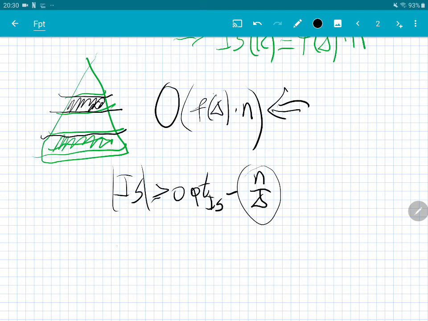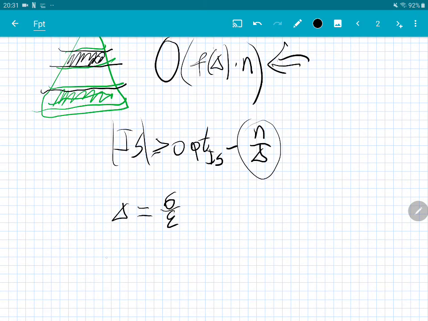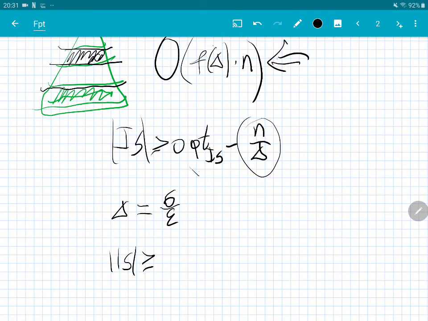In particular, if I take delta to be, what should it be, 6 over epsilon, then the independent set is at least n over 6, because the independent set of a planar graph is always at least n over 6.